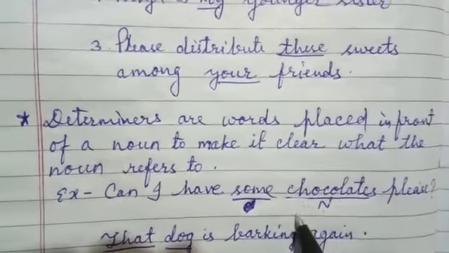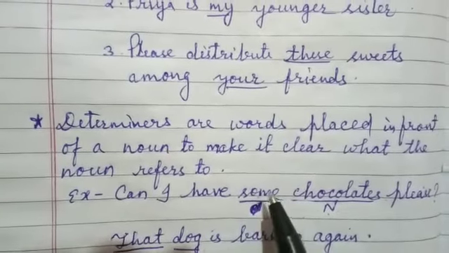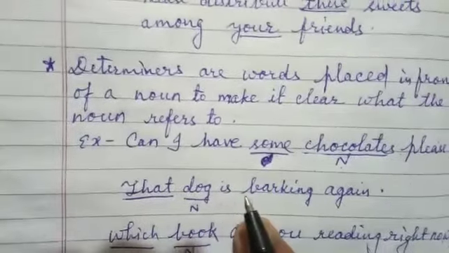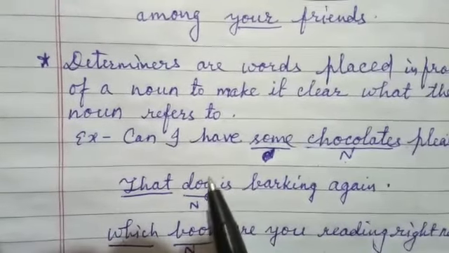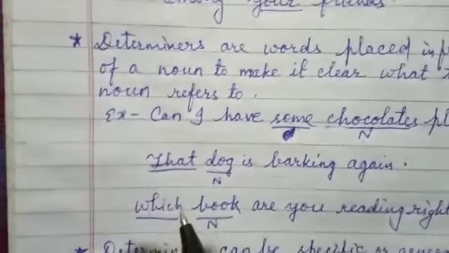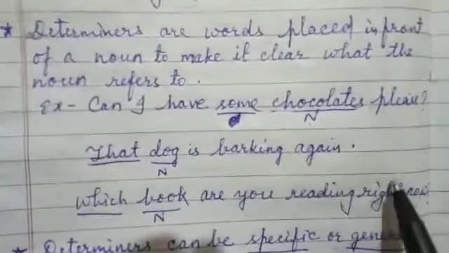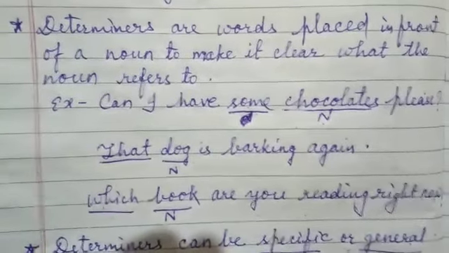Here, chocolate is the noun and some is the determiner, and this determiner is placed in front of the noun. That dog is barking again. Here, dog is the noun and that is the determiner. Which book are you reading now? Now here, book is the noun and which is the determiner.